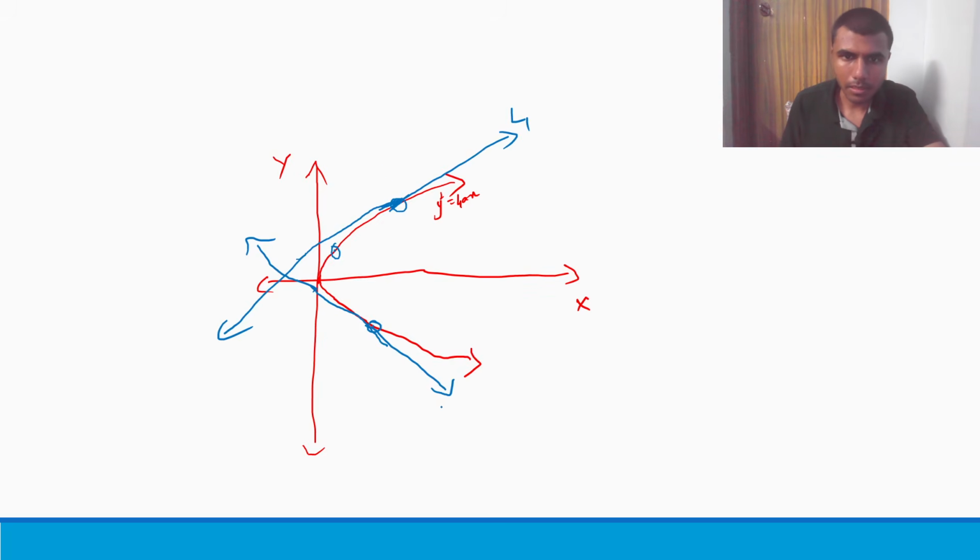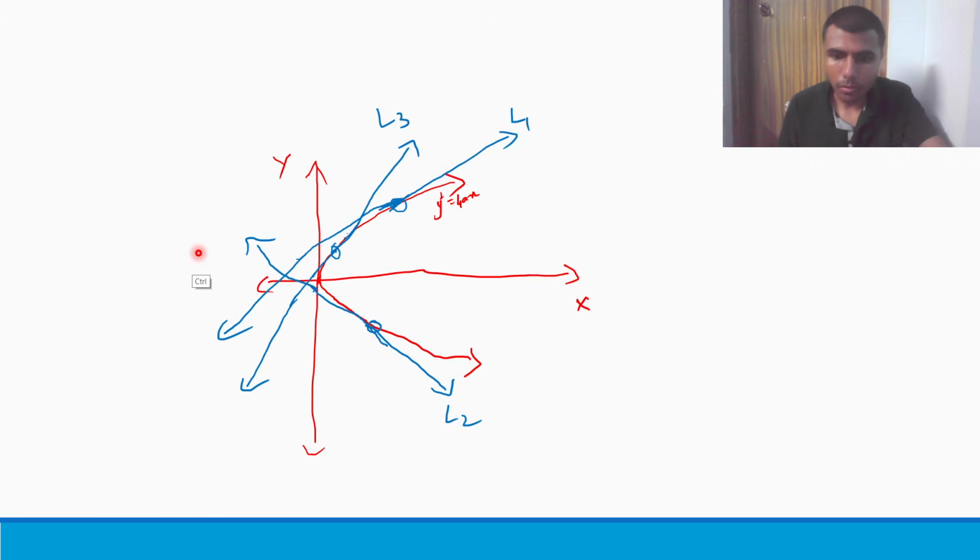This is L1, this is L2, and the third point is here. If I draw a tangent there, I'd get somewhat like this. This is my L3.